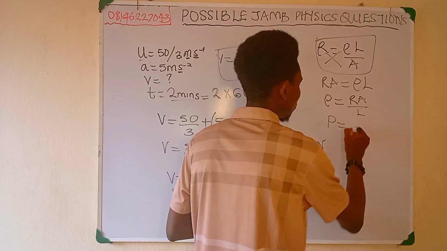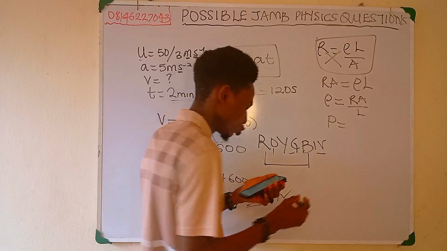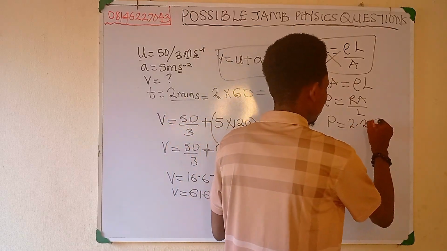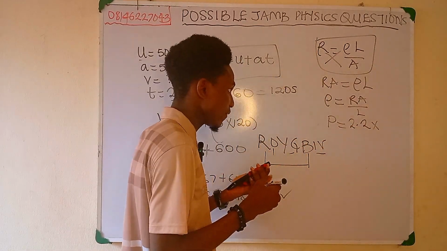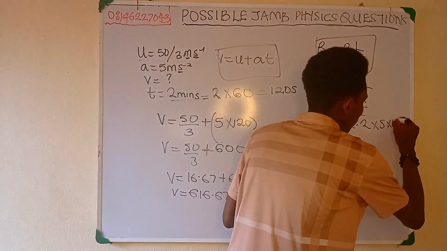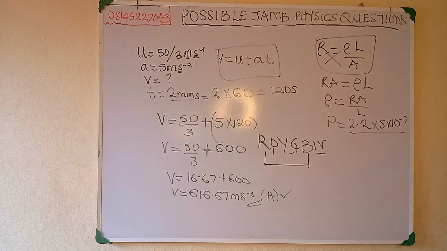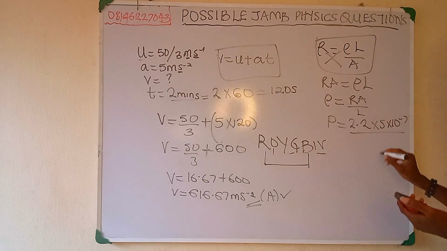Now let's quickly solve it. RA is what? Resistance is 2.2 ohms as given in the question. The area is 5 times 10 raised to the power minus 7. Then what is the length? The length is 2 meters.